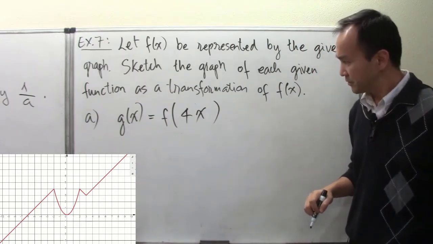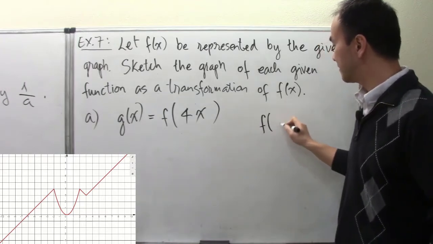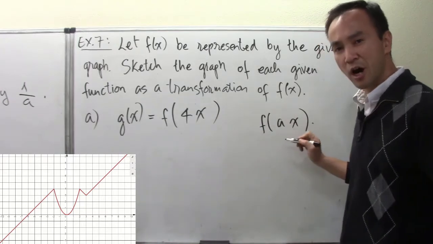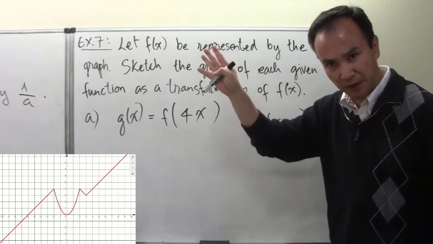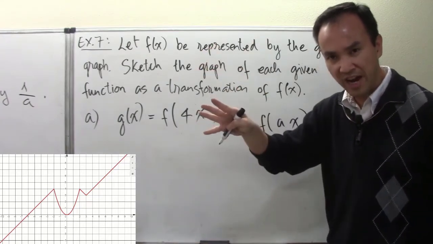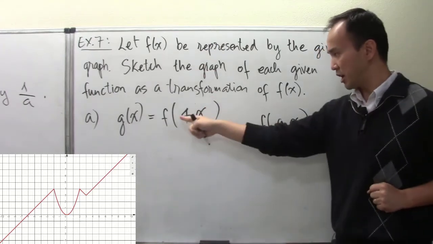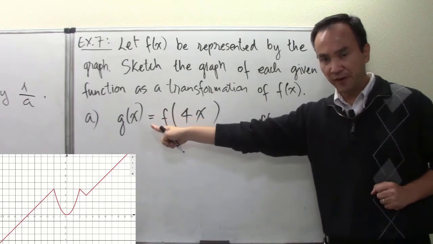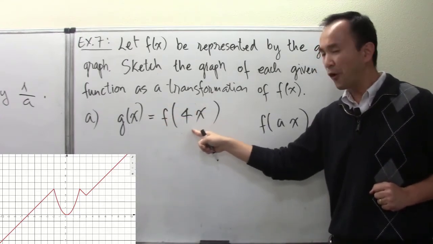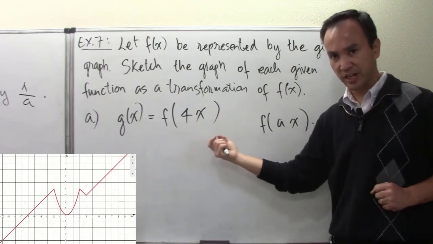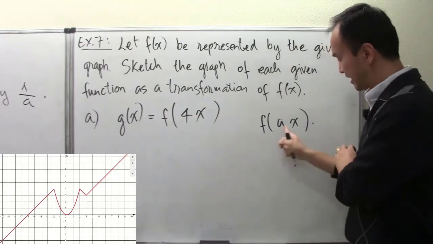Immediately I recognize that this is in the form of f of ax, which rings a bell for us that we are going to have a horizontal scaling, because this function g is defined in a way that, from its parent function, it's taking the expression 4x to be its input instead of the usual x.